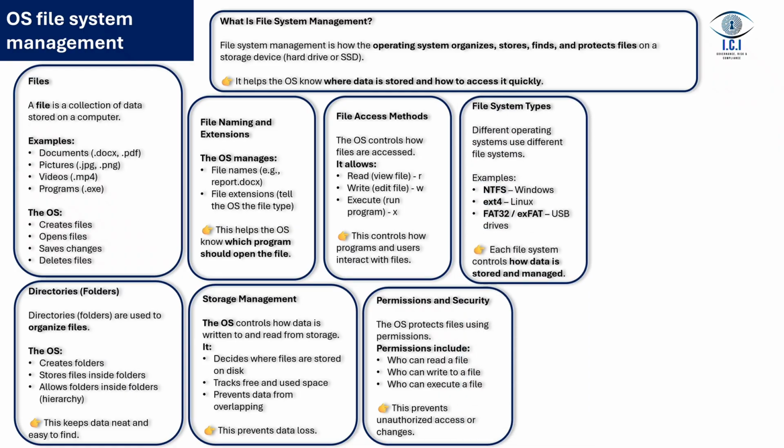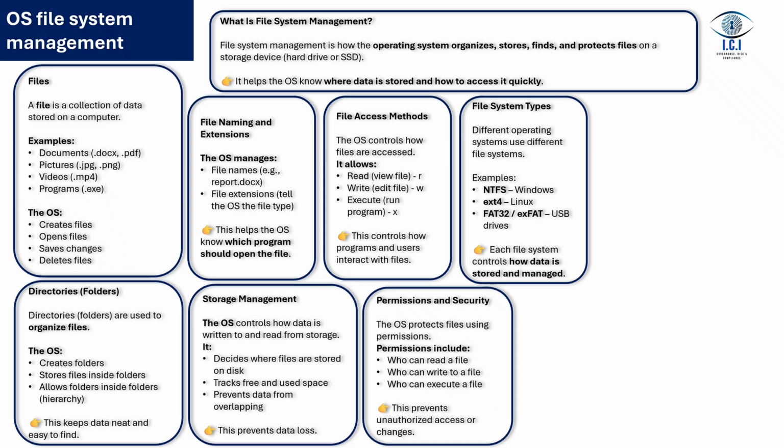Now, the next is the file system type. You don't need to cram this, you just need to know the types. There are different file systems used by different operating systems. When you talk about Windows, we talk about NTFS. NTFS is for Windows, ext4 is for Linux, and FAT32 or exFAT is for USB drives.